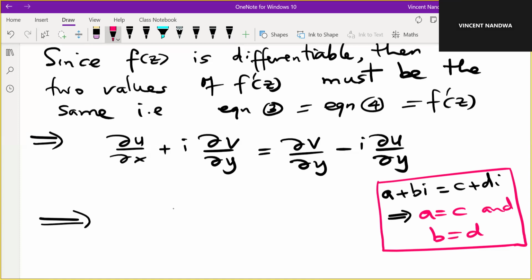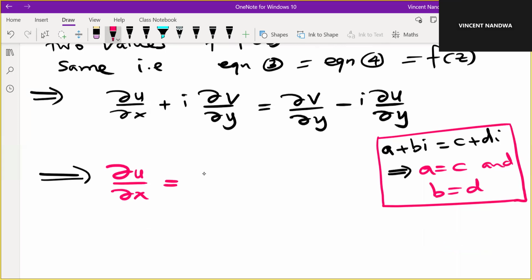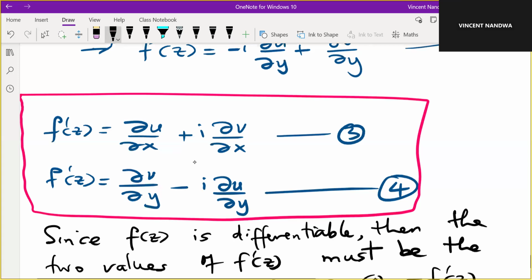So here it means that partial u, partial x must be equal to, yes, partial v, partial y. And then partial v, I remember this is x. This is x from the actual equation 3.